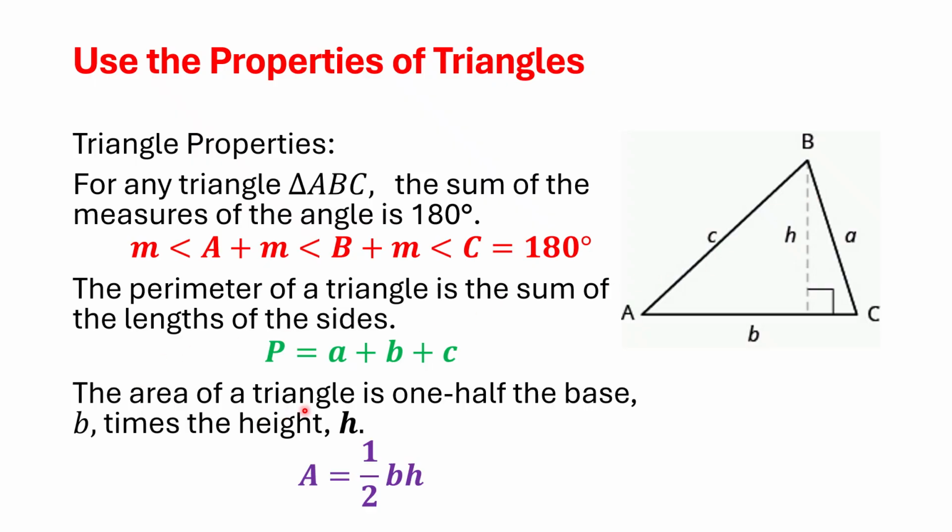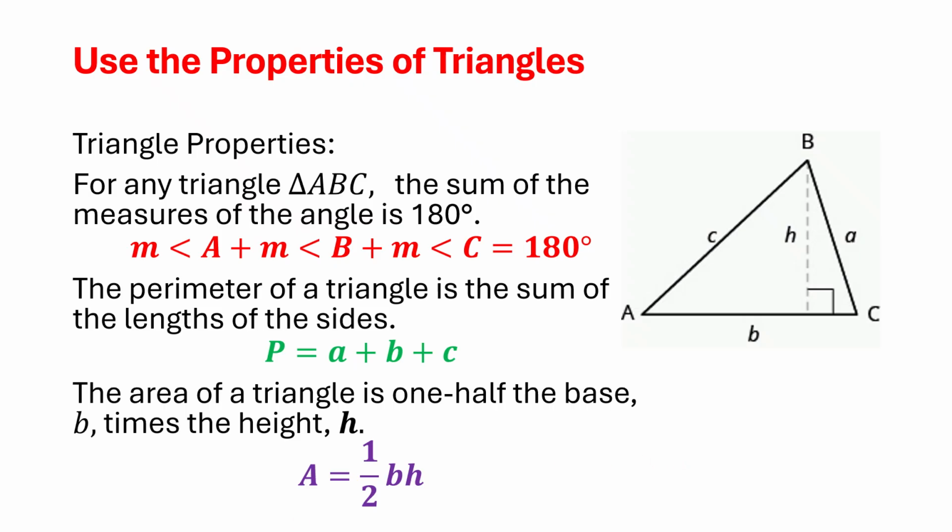And the area of a triangle is 1/2 of the base. In this case, we have the base B and the height H. So 1/2 of the product of the base B and the height H gives us the area of this triangle.